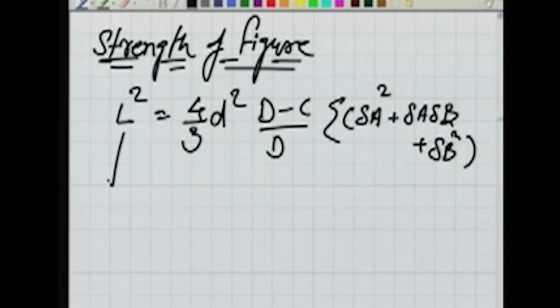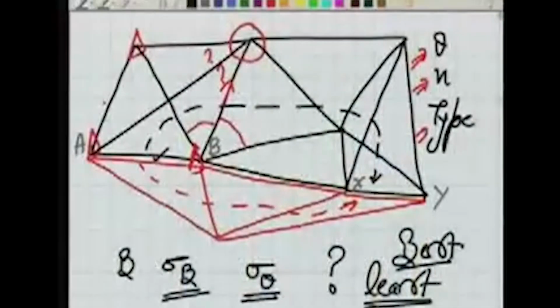This L square is the probable error in computation in a chain of triangles. What we are doing is starting from a known length. AB was the known length here. As you can see, this is the known length. We are starting from the known one, and then we are passing through a chain of triangles in order to compute this.